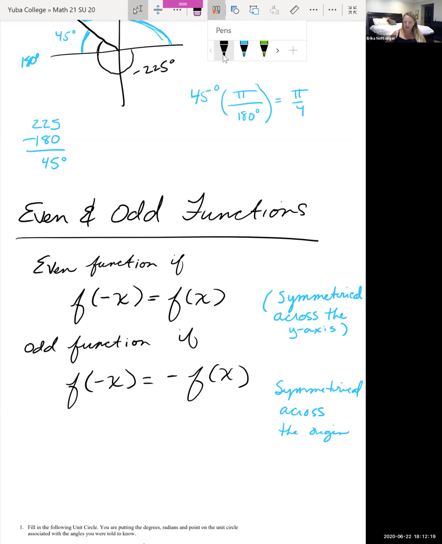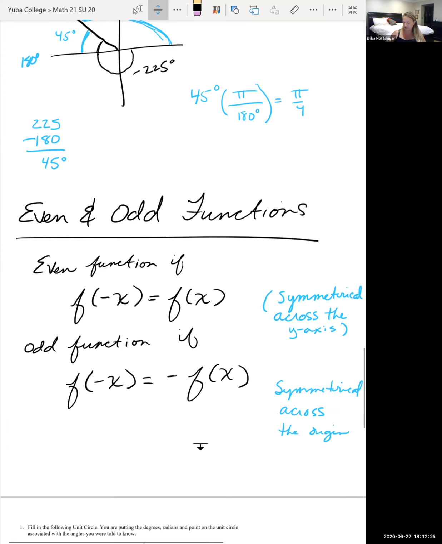Okay, so we can think of this with theta. Let's use theta instead of x so we don't get confused.